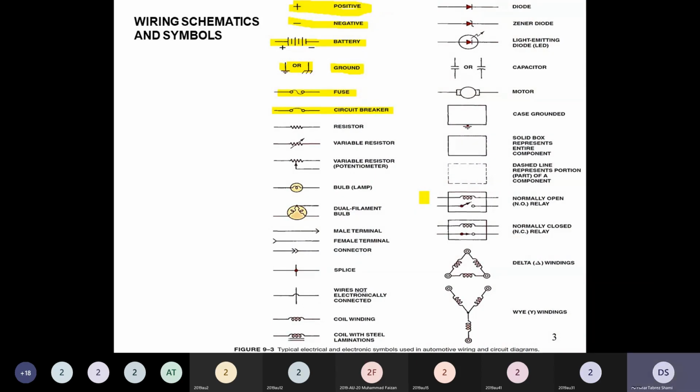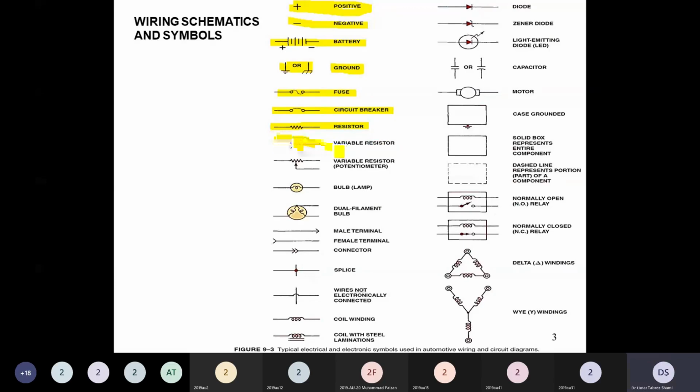Then we have the resistor. Resistor is the opposition faced by the electric current, and it is represented as shown in the diagram, and the unit of resistor is ohms. Now, resistor has subsets. First subset is called the variable resistor.